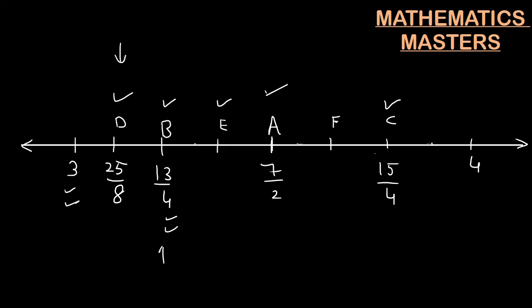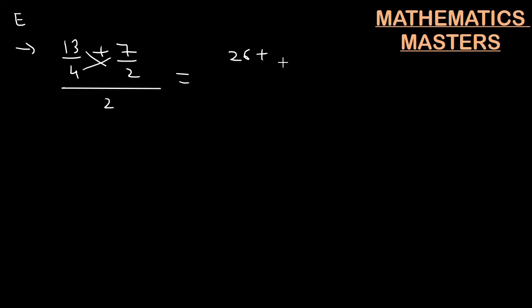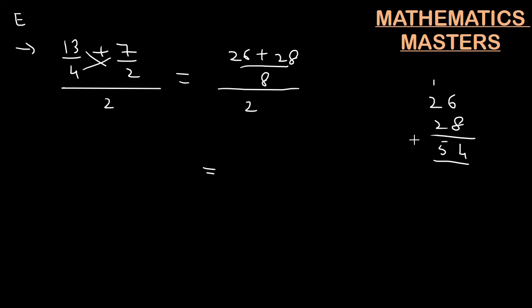So E would be in the middle of 13 by 4 and 7 by 2. So let's go. The rational number E is 13 by 4 plus 7 by 2, divided by 2. That means 13 into 2 is 26, 7 into 4 is 28, so 26 plus 28 upon 8, whole upon 2. 26 plus 28 is 54, so 54 upon 8 times 2, 16.